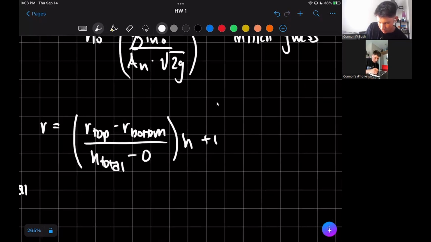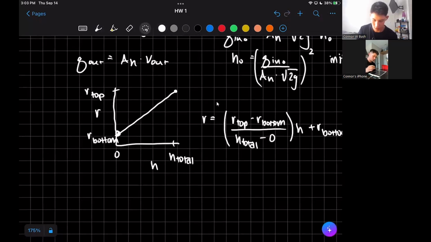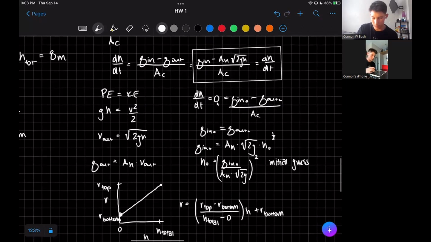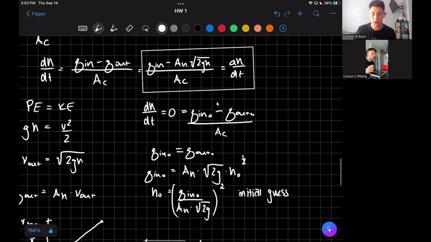And then our y-intercept is our bottom radius. So we will plug this in to get the expression for the cross-sectional area AC. So now we will go into Colaboratory and begin illustrating all of this within Python.